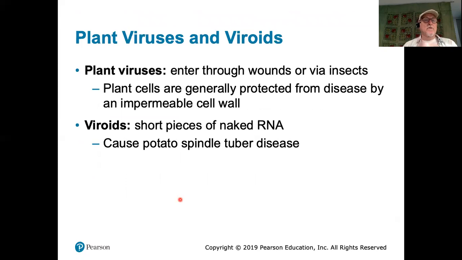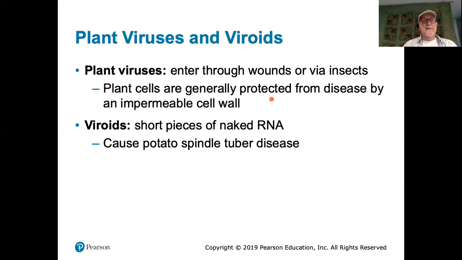Just to finish off, we talked about bacteria, we talked about animals. I'll just mention two smaller things. Plant viruses are incredibly important. There are many, many plant viruses. Plants are somewhat protected from viruses because they have a tough cell wall, but anything which breaches that cell wall can transport virus into the cells of the plant.